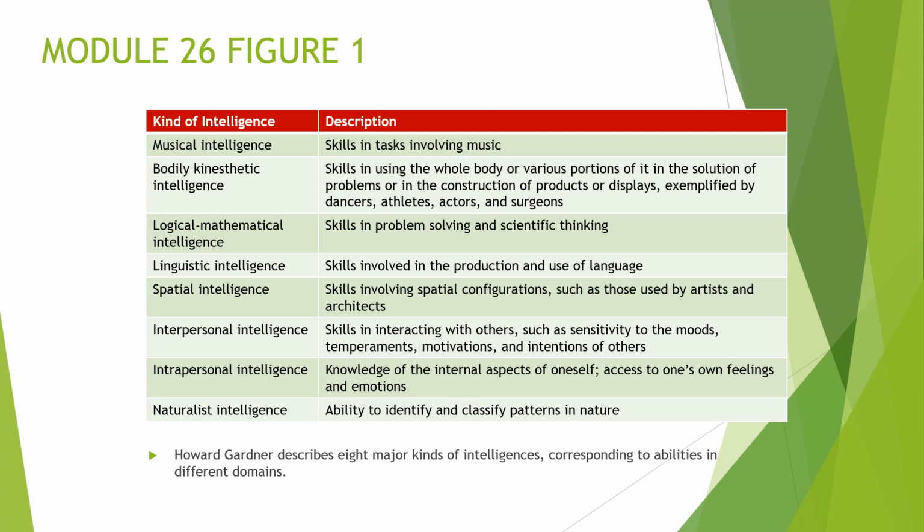Intrapersonal is you within yourself. And then the 8th one is naturalist intelligence, that you're able to identify and classify patterns in nature. So Gardner again believed that all of us have all 8 of these. However, some of us excel more in one than in another.